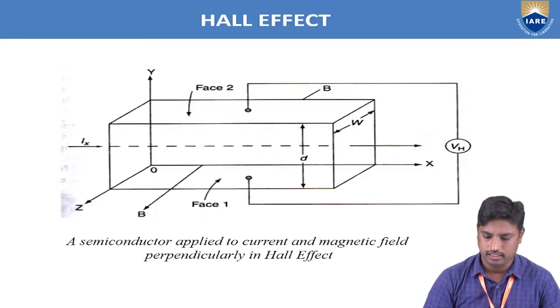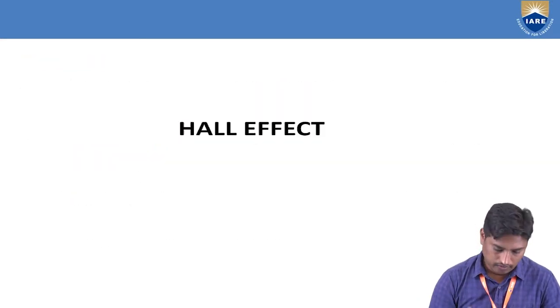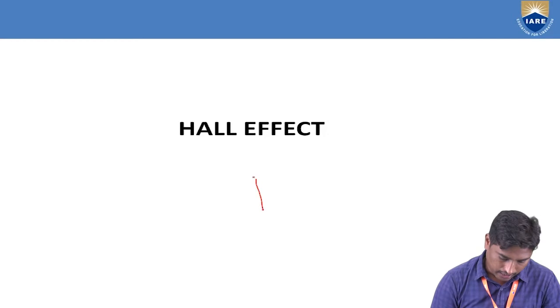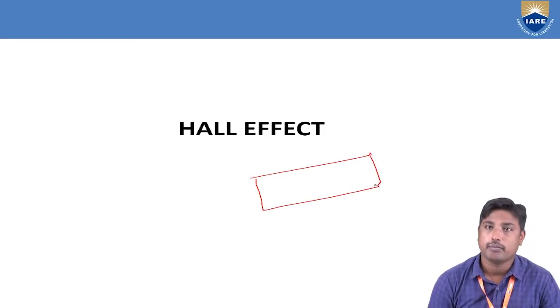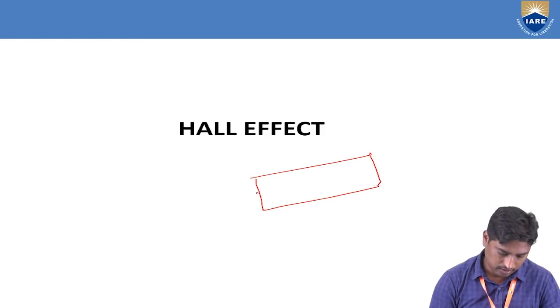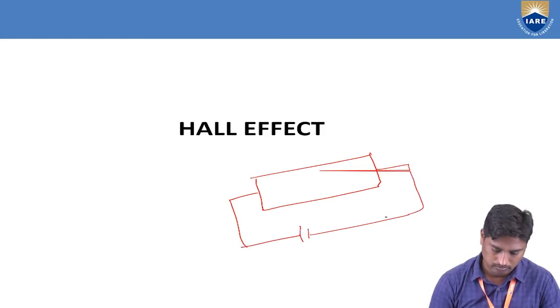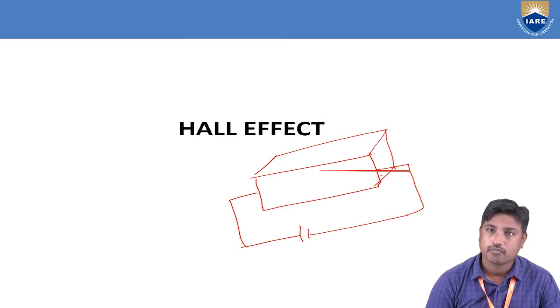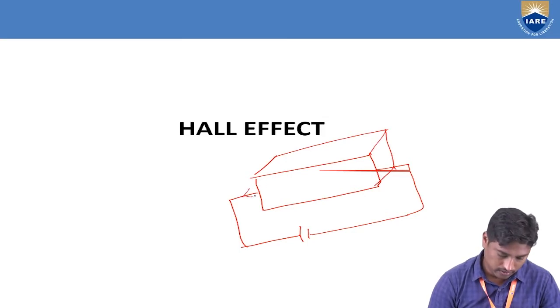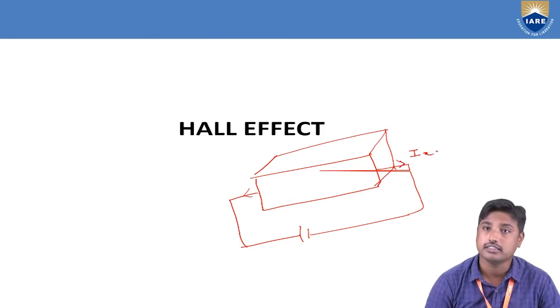So, see in detail. When a piece of material carrying current, this is a semiconducting material, is placed in a transverse magnetic field. The current is in this direction, Ix, the x-axis.